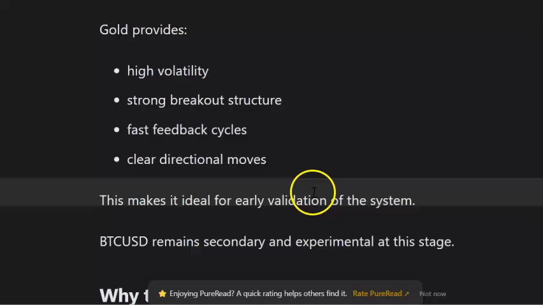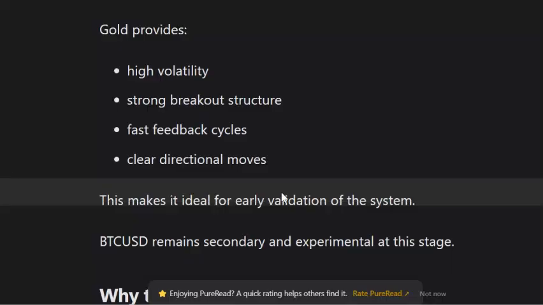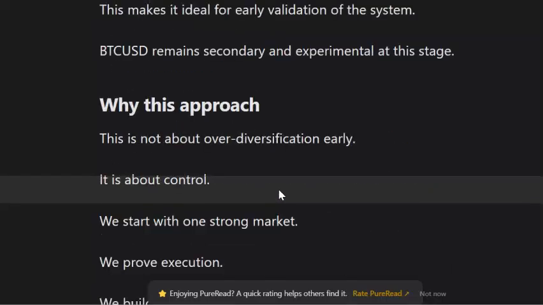Gold is the perfect candidate for that, because gold generates more pips than any other asset on a given day, with high volatility and everything. So I'm going to focus on gold to start with in phase one, and then we'll see how that goes.